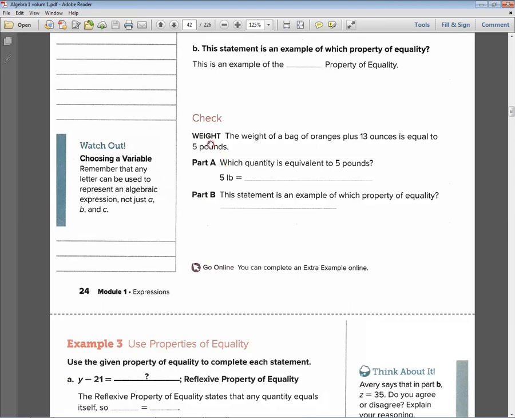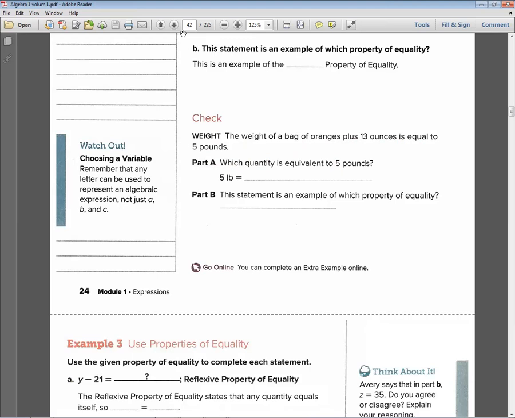Another check here. The weight of a bag of oranges plus 13 ounces is equal to 5 pounds. Which quantity is equivalent to 5 pounds? Okay, can you answer? Once again, the weight of a bag of oranges plus 13 ounces is equal to 5 pounds.